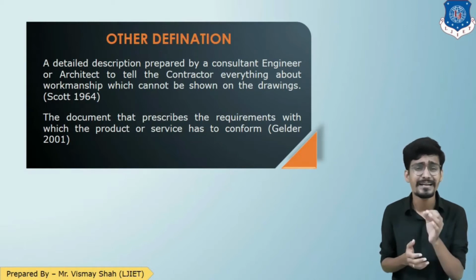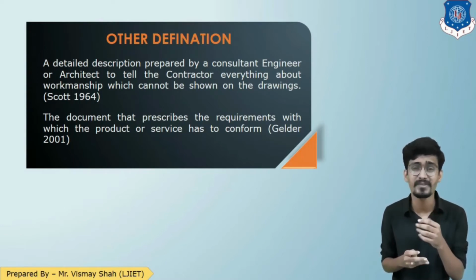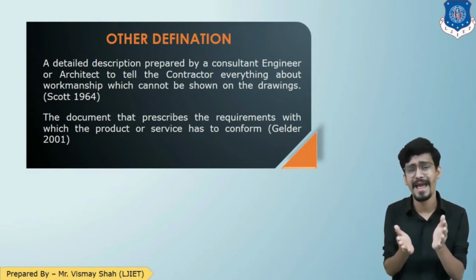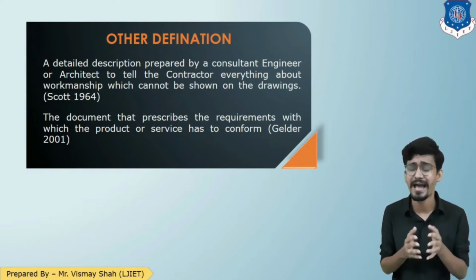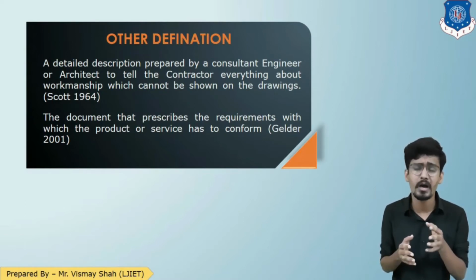It says this is the kind of requirement this product has to match. For example, your requirement is something, and that is the requirement your final output should match. So this is about what specification is. I hope we are good up to this point. You have to write only one or two definitions.